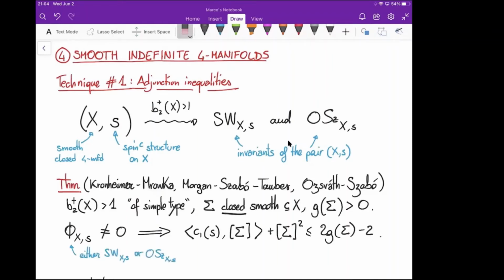There are some results that go under the name adjunction inequality that are due to several people.